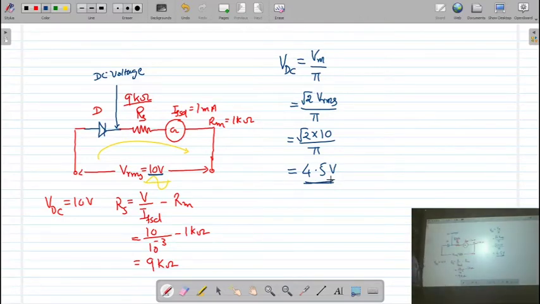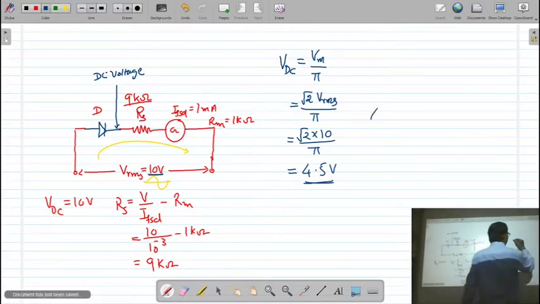Why is it indicating 4.5? Because of this diode. Because the DC voltage is not exactly equal to your Vrms voltage. You can calculate with the help of this formula and it comes out to be 4.5.